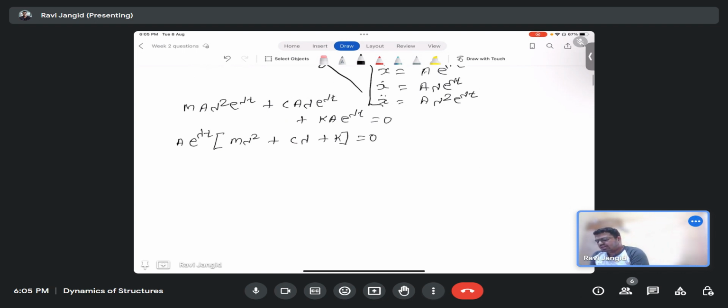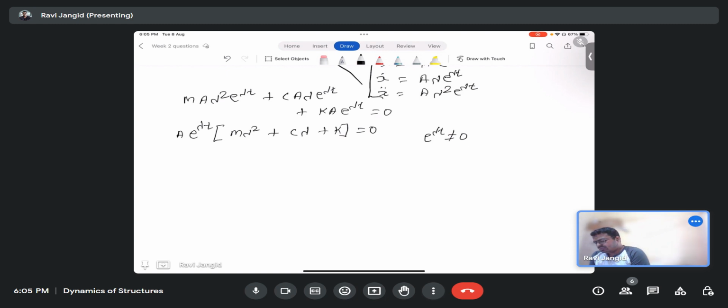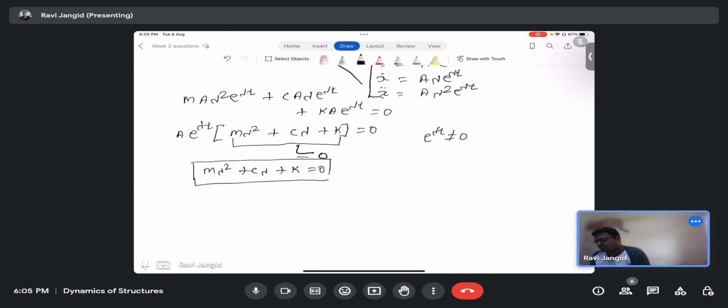As I know, e lambda t can't be 0, so the other part must be 0, and we put it equal to 0. Now I have the equation m lambda square plus c lambda plus k is equal to 0, and I need to solve this problem.